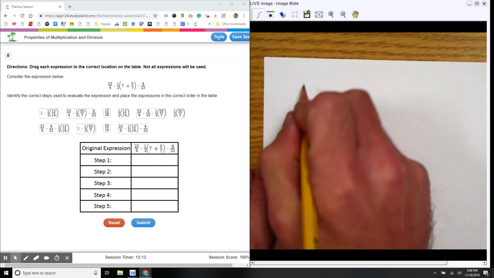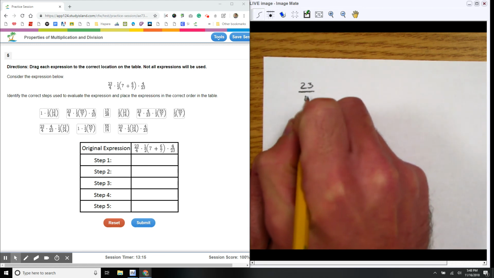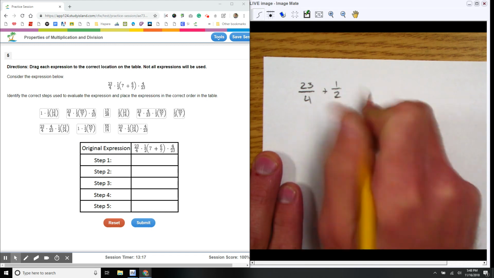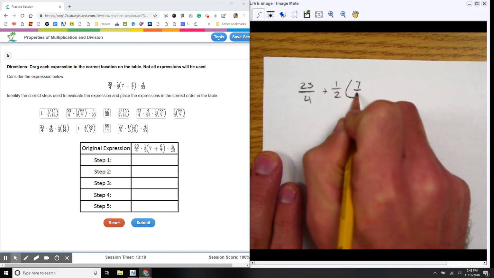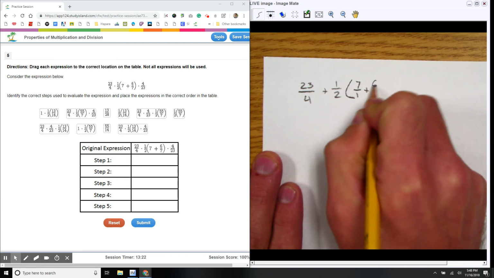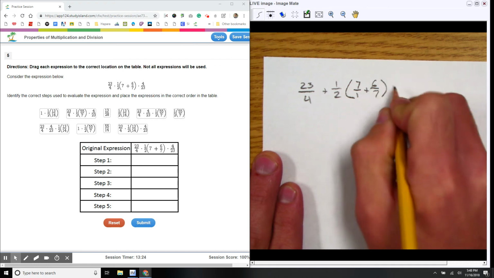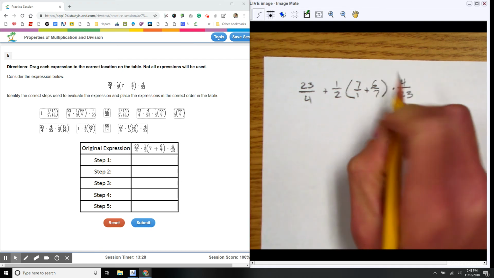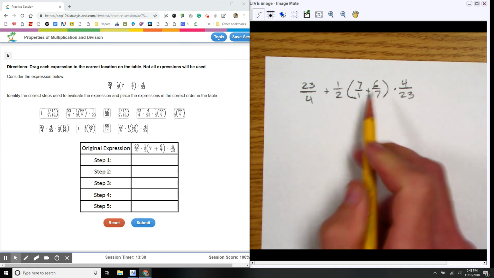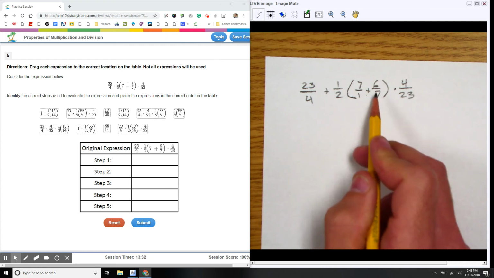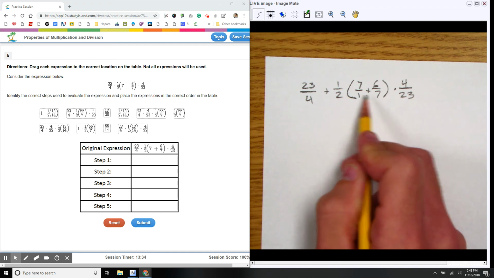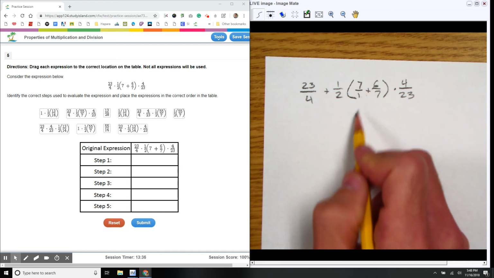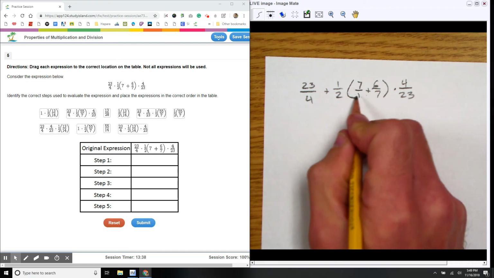If I have 23/4 times 1/2 times 7, I'm going to write 7 as 7/1 plus 6/7, times 4/23. Here we go. 7/1 plus 6/7. I can't add those together without common denominators. So I have to multiply 1 times 7 and 7 times 7 in order to match the denominator up at 7.